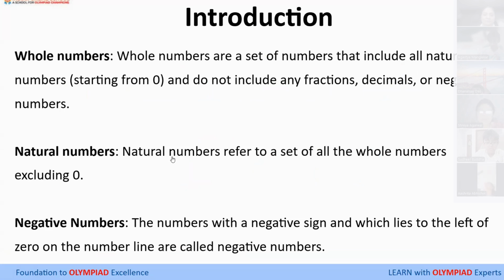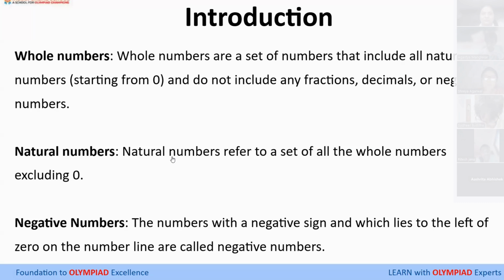Few of you said 0, few of you said 1. Both are not wrong. It depends on which set of numbers we are talking of. In a few places in mathematics, 1 is considered the first number since 0 has no value, whereas in a few places, 0 is considered the starting number.